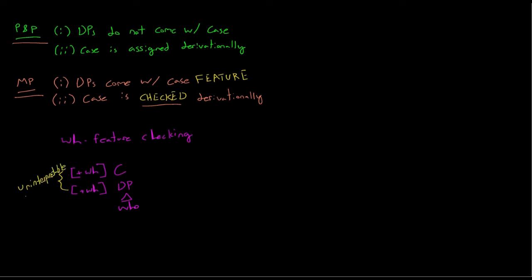And that in order for these uninterpretable features to be deleted, we have to assume a particular structural configuration, namely the specifier head configuration. So what did that look like?